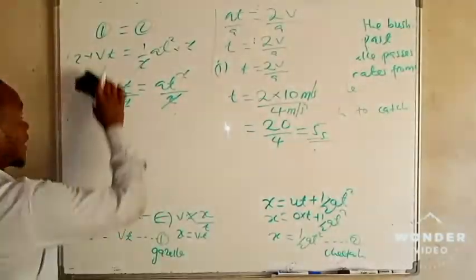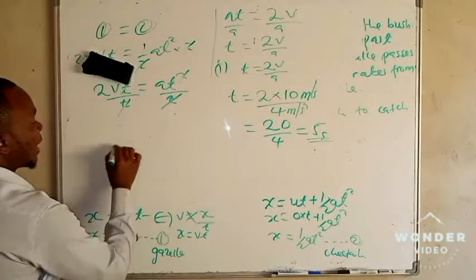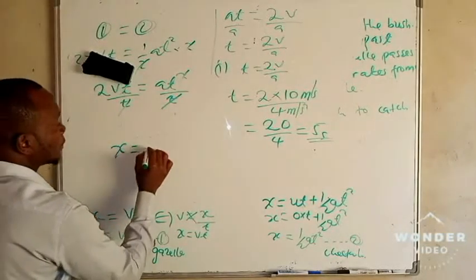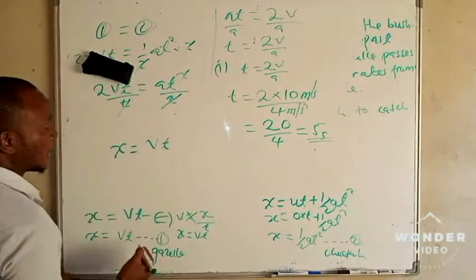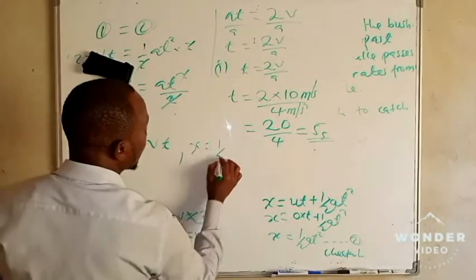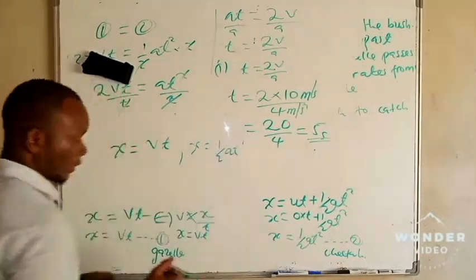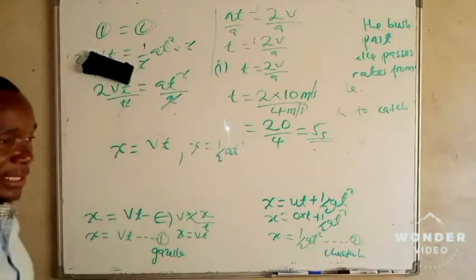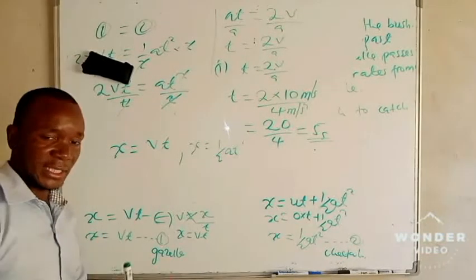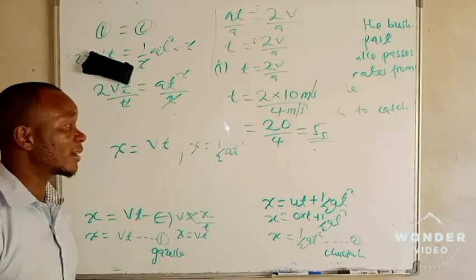Now, for displacement, as I said from the beginning, x is equal to vt, and x is equal to half at squared. The displacement that the cheetah takes to catch the gazelle is equal to the displacement covered by the gazelle.